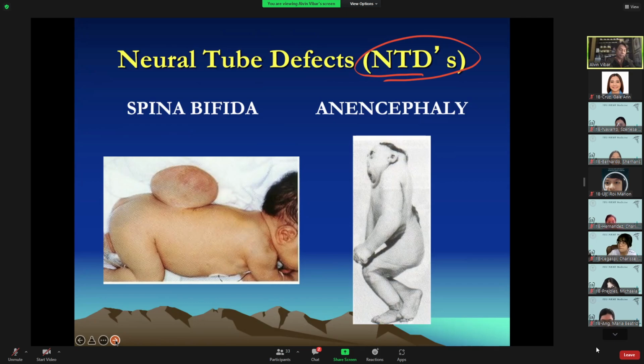When you go to your rotation in the future, you might encounter a baby born with a mass at the lumbar area, or in rare cases, a baby born without a skull top or calvarium. These are examples of neural tube defects, spina bifida and anencephaly.